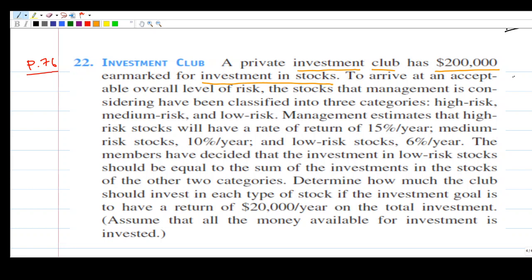To arrive at an acceptable overall level of risk, the stocks that management is considering have been classified into 3 categories: high risk, medium risk, and low risk.